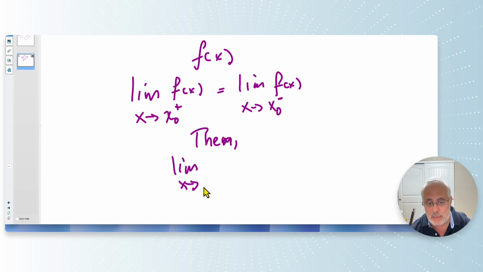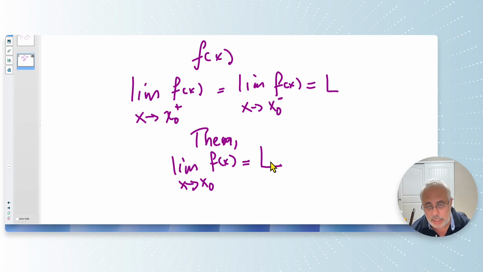The limit when x approaches x sub 0 of the function f of x is equal to L. L is the limit.